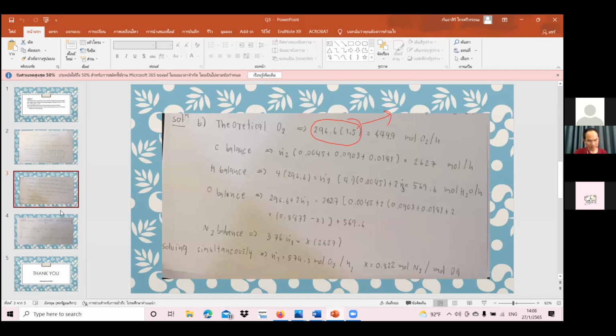Theoretical oxygen is the oxygen required from the complete combustion reaction. Could you explain why 296.6 multiplied by 1.5 equals 444.9 mole oxygen per hour? Why does this term equal this term?